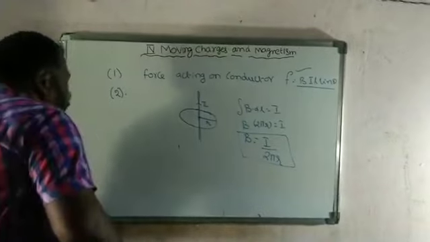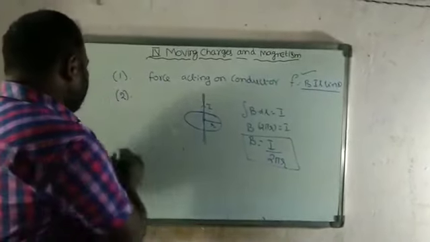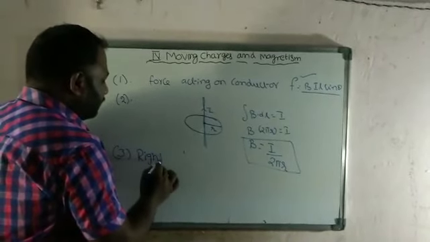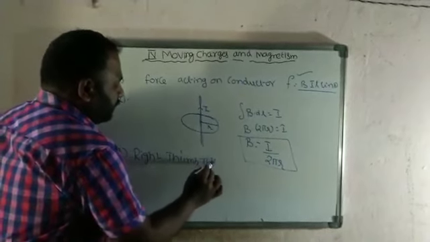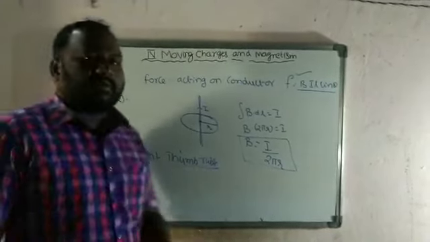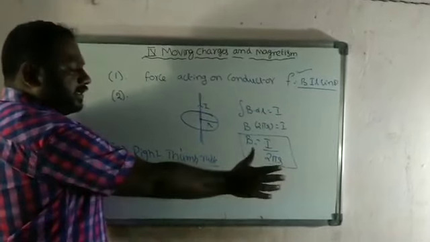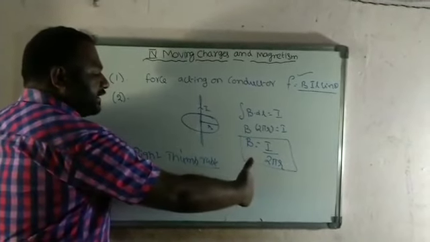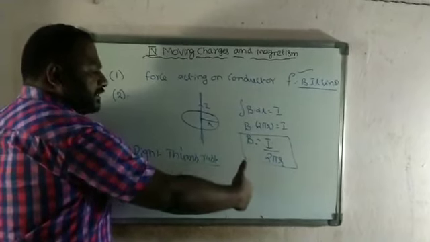And the third point you have to remember is the right hand thumb rule. When you take your right hand, the curled fingers represent the magnetic field and the thumb represents the current direction.